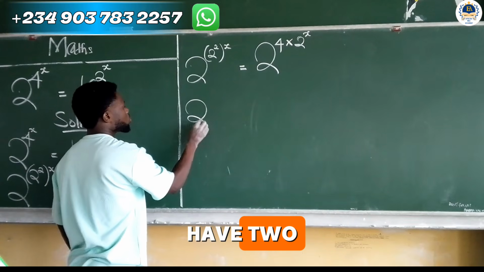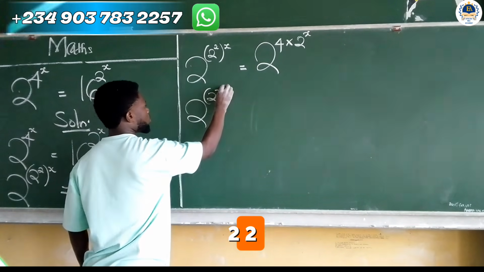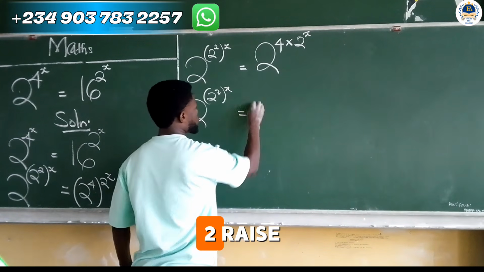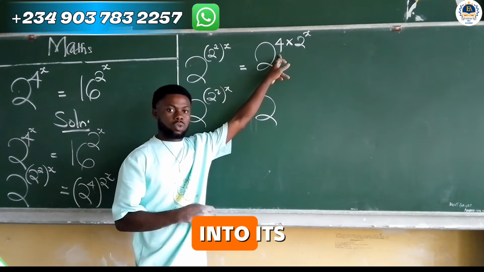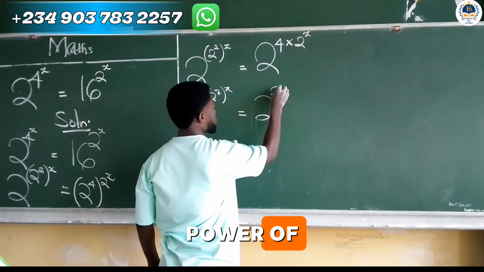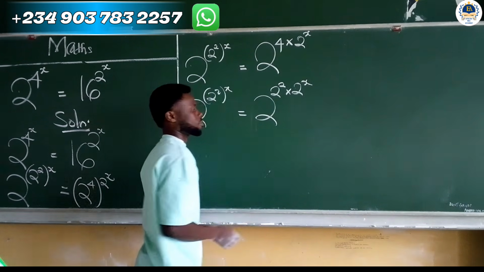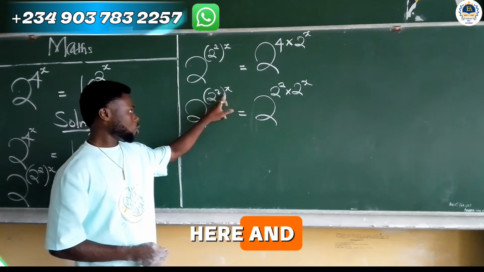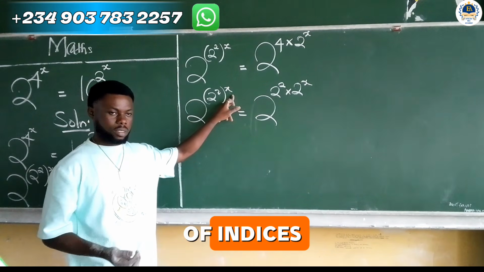So I have 2 raised to the power of 2x, which is equivalent to 2 raised to the power of, let's change this 4 into its index form, and if I do that, it will give me 2 raised to the power of 2 times 2 raised to the power of x. In the left hand side of the equation, we have a power here and also a power here, so we can multiply these two together according to the law of indices.